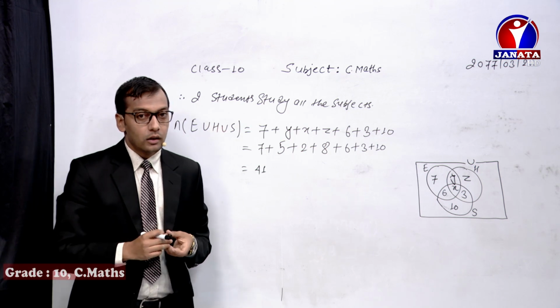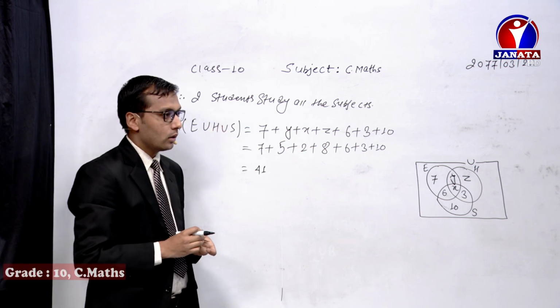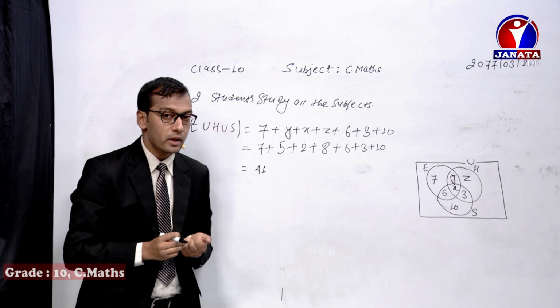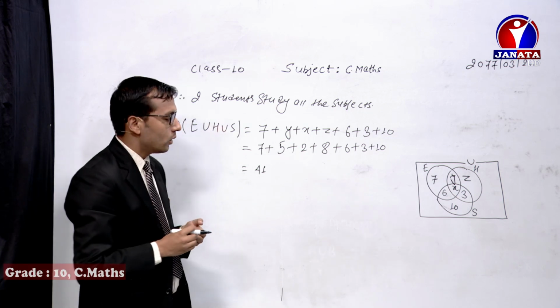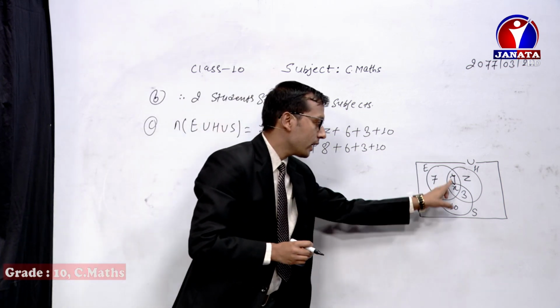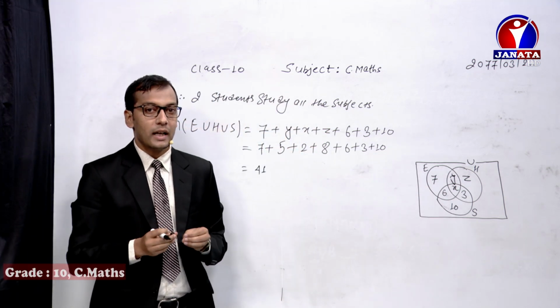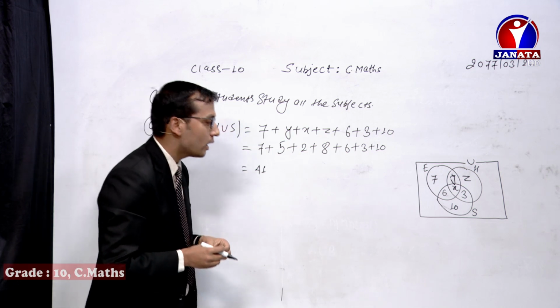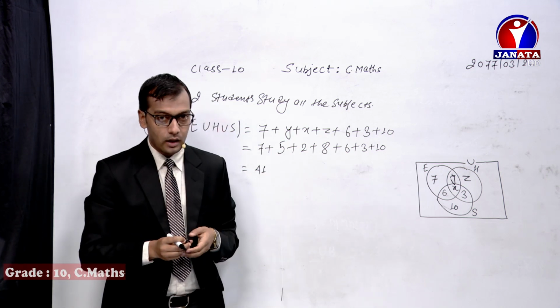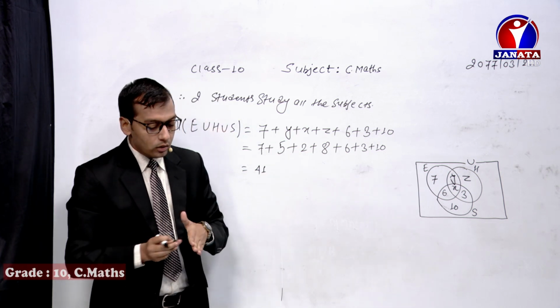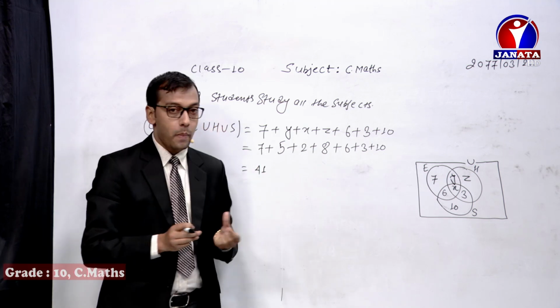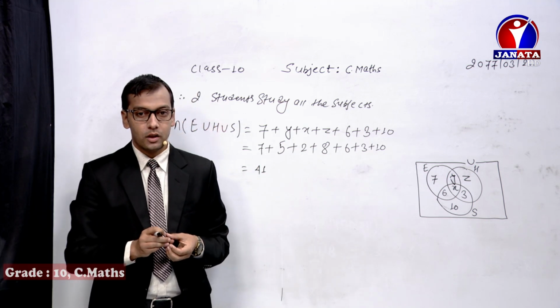We inserted the information in a diagram, and then we calculated the values of the unknowns x, y and z, because 3 different regions are unknown in the Venn diagram. With the help of the diagram we solved for x, y and z, and found the total number of students in this survey.